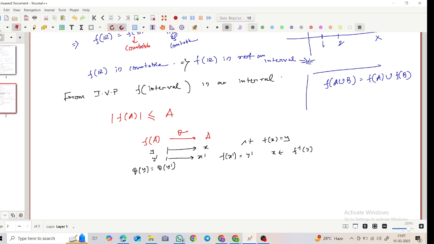If x equals x prime, then f of x equals f of x prime, and by that I mean y equals y prime, right? So theta is injective. Is it clear now? Since there is an injective mapping from f of A to A, the cardinality of f of A is less than or equal to the cardinality of A. So if the domain is countable, the range has to be countable as well. Is that clear?